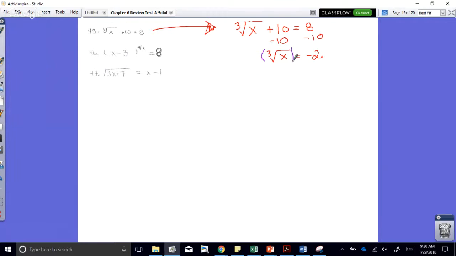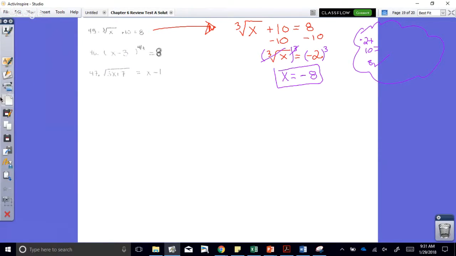To undo a cube root, we are going to cube both sides. So x, and negative 2 to the third power is just negative 8. Okay, if we check these, I'll just kind of do it mentally this time. Cube root of negative 8 is just negative 2, and negative 2 plus 10 does give us 8.